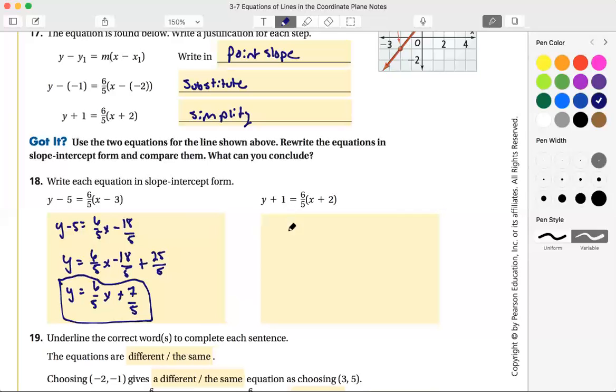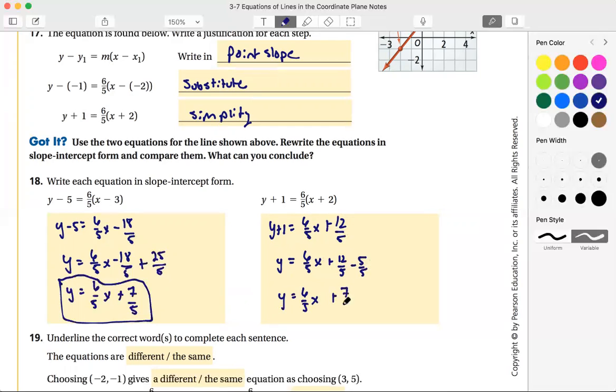It's the same thing I do over here. Y plus 1 equals 6/5 x plus 12/5. I'm going to subtract 1 from both sides. But remember, when I subtract 1, I want to have the same denominator. So that's how I get 5/5. So y equals 6/5 x plus 7/5.